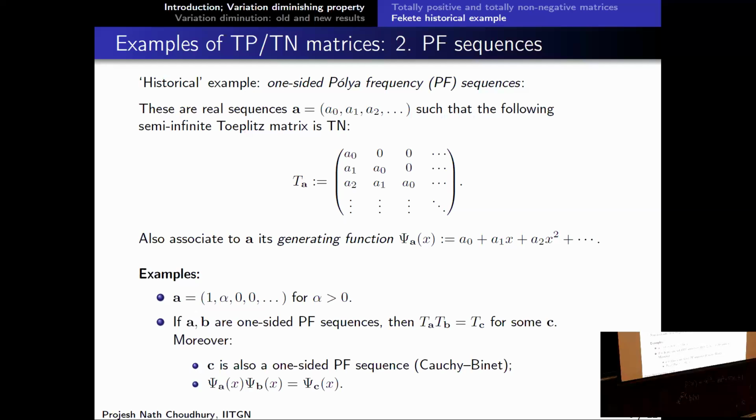The product of two lower triangular matrices will again be lower triangular. So basically this is again a semi-infinite Toeplitz matrix, and the corresponding generating functions also satisfy this property. So psi of ax times psi of bx is nothing but the generating function of the product.